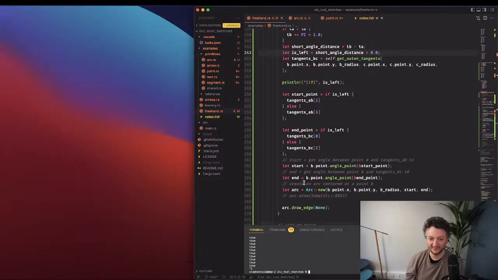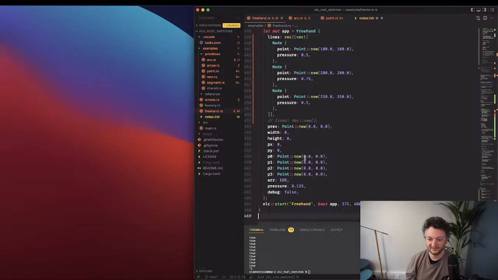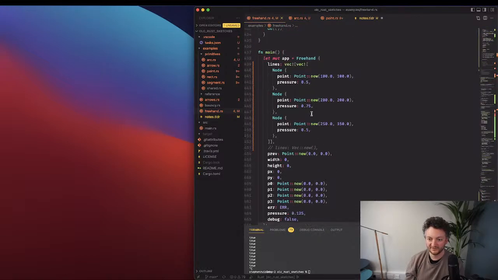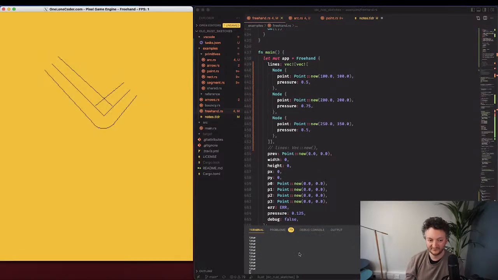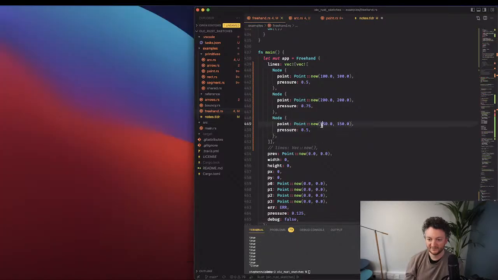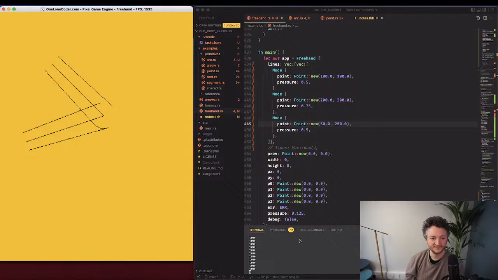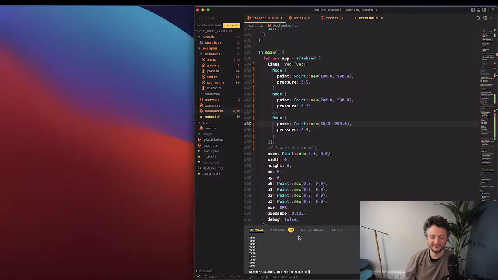So that's where we want the cap. If it is not a left-hand turn, let's make it not a left-hand turn to make sure that we have the correct handling for that. So this would be like 50, 250. Still seeing it as a left-hand turn.